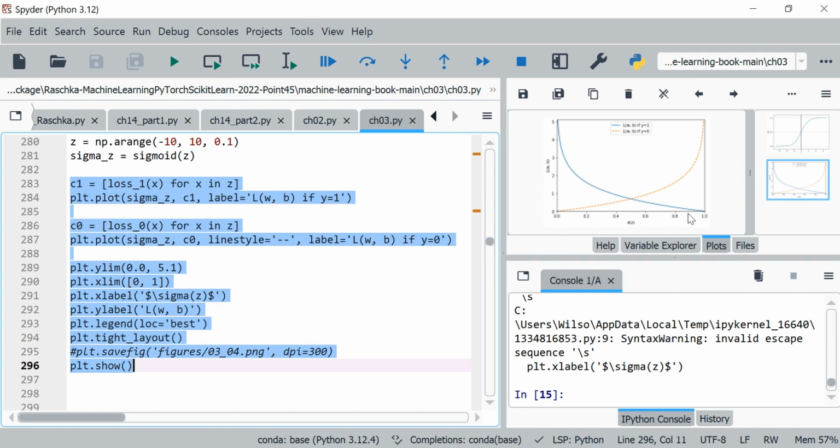If the net input is very large, then the loss will be 0. Because the net input is very large, which means the probability for the positive event will be very large from the model, and actually the label is 1, so the loss is 0, right? It is correct.